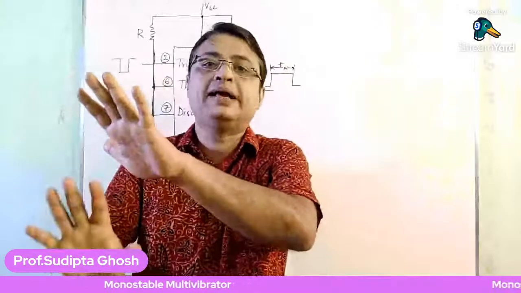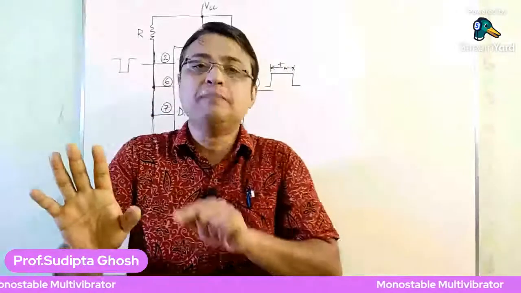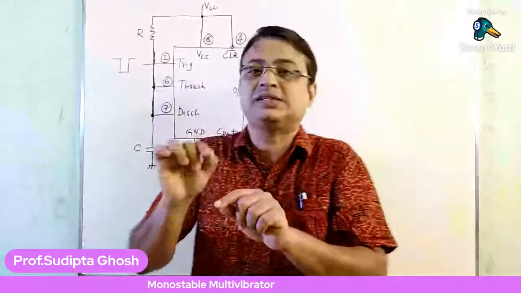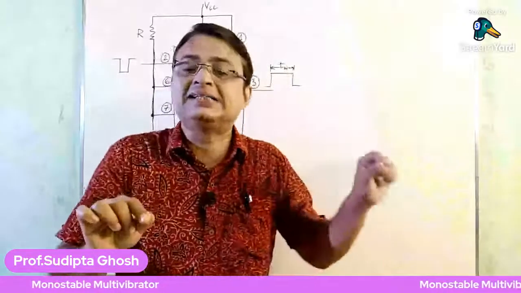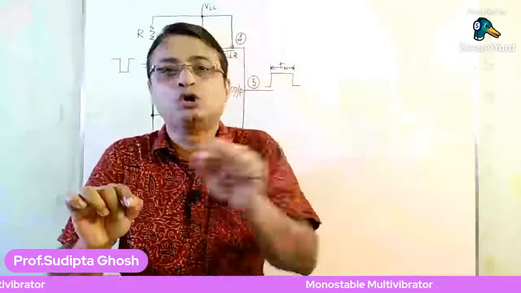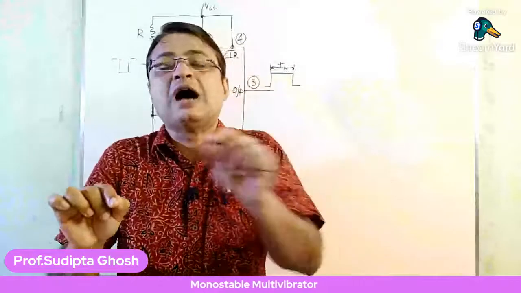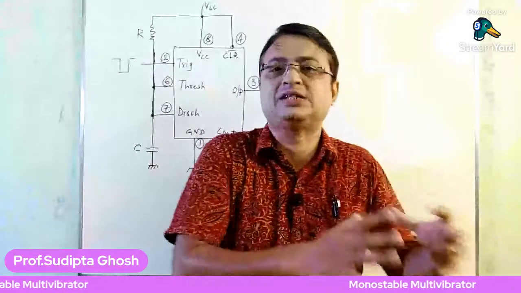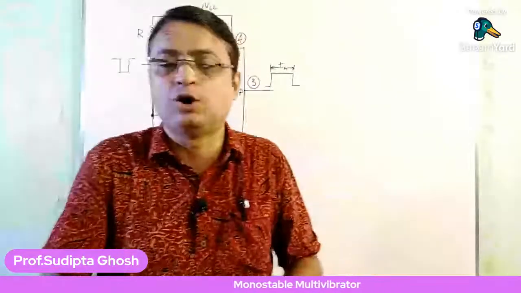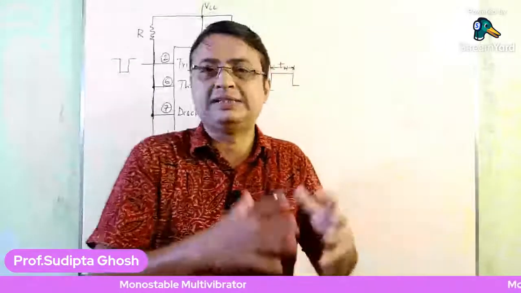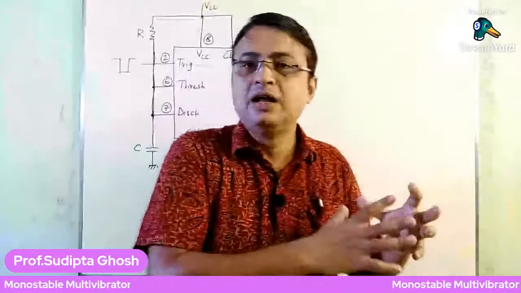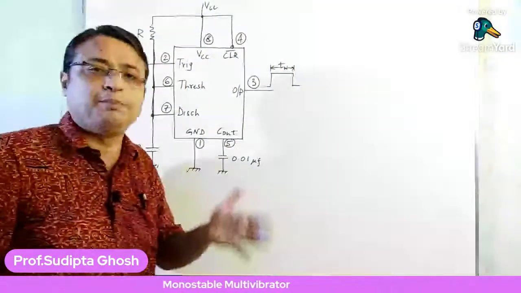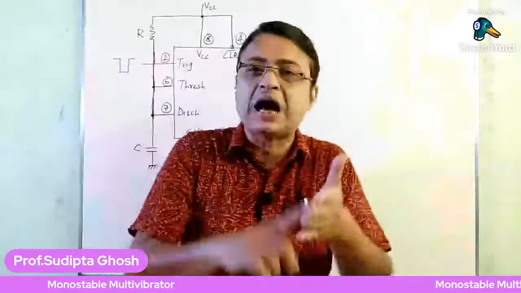That means Q bar is high, which makes the transistor Q1 saturate, and that makes the discharge pin go to a very low value, about 0.2 volts, because the VCE saturation value is not exactly 0 but close to 0, around 0.2 volts.